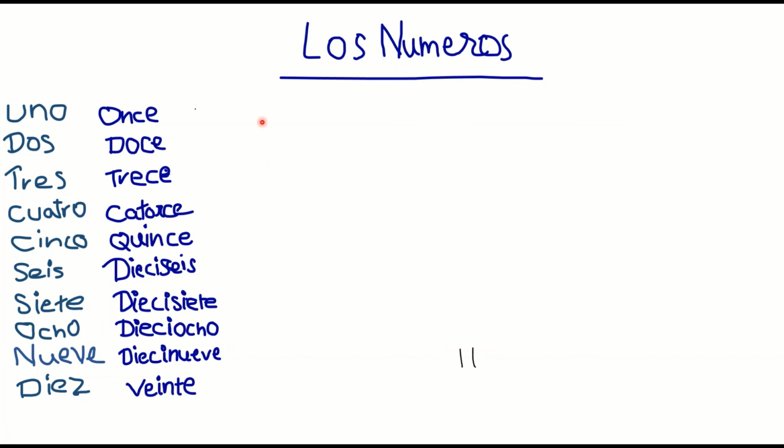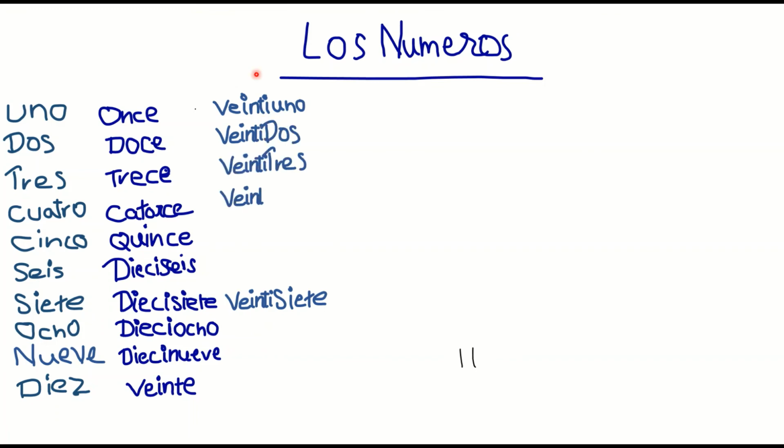Again, from 20 to 30, the same rule as we have for 16. So again, this is 20 and 1, but we are adding this I over here, and we're saying 21.